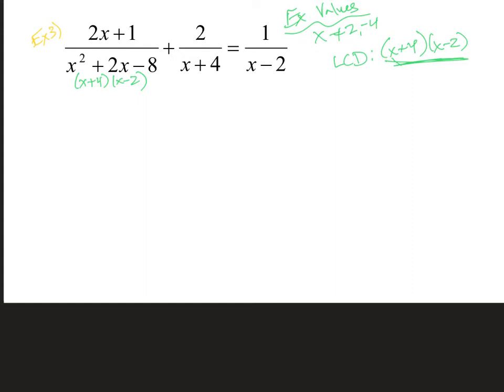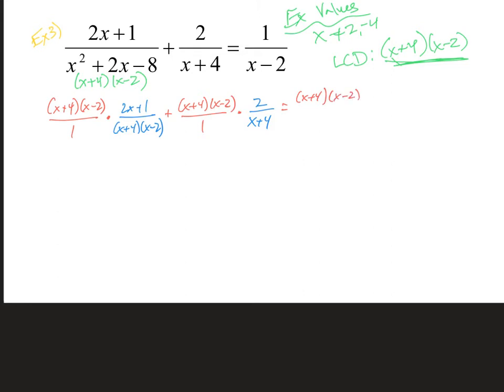If I did that, I am going to get x plus 4 times x minus 2 over 1 times 2x plus 1 over x plus 4, x minus 2, plus x plus 4 times x minus 2 over 1 times my term, which is 2 over x plus 4, and that is equal to, what is that equal to? x plus 4 times x minus 2 over 1 times 1 over x minus 2. Okay, we all good there?